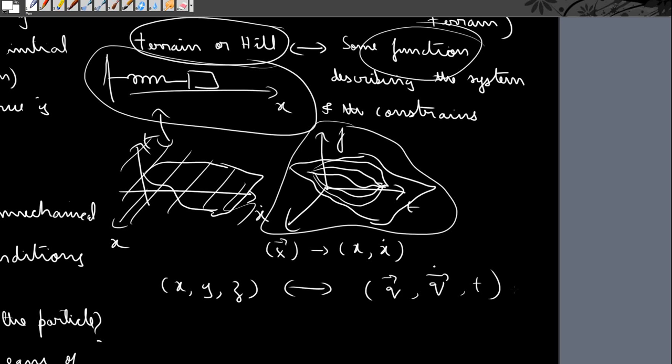So our new terrain, or our analogous terrain, is actually defined in a universe or in a world where these form the three axes. And every point in the terrain corresponds to a particular time instant with the particle having a generalized position given by this particular q vector and the generalized velocity given by q dot vector. Okay.